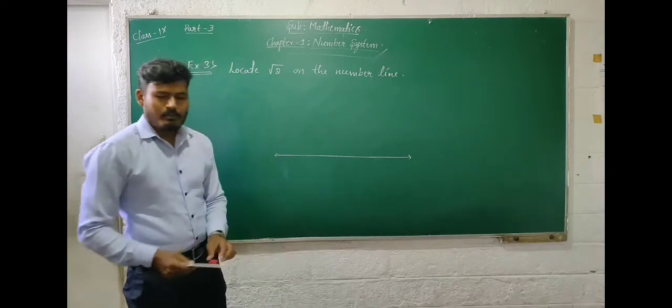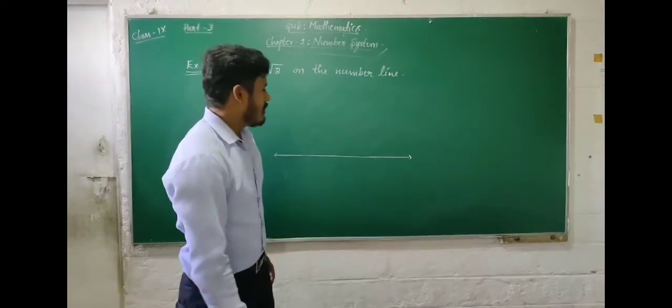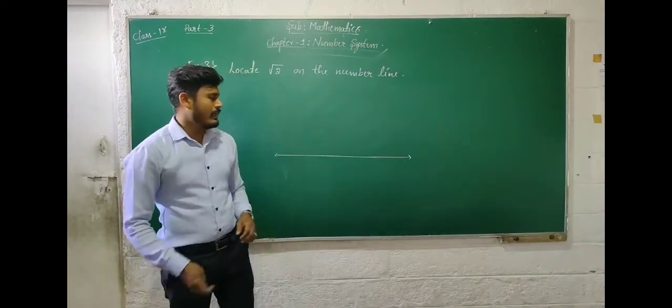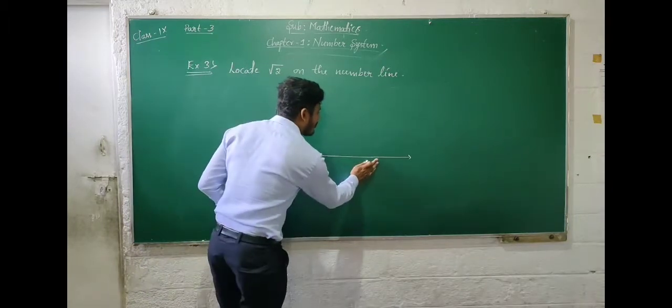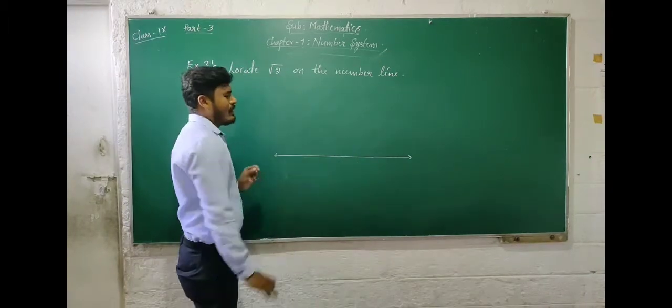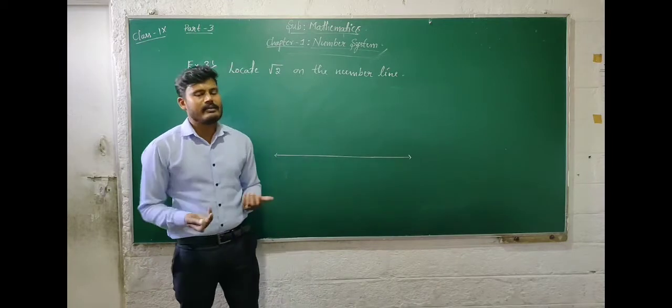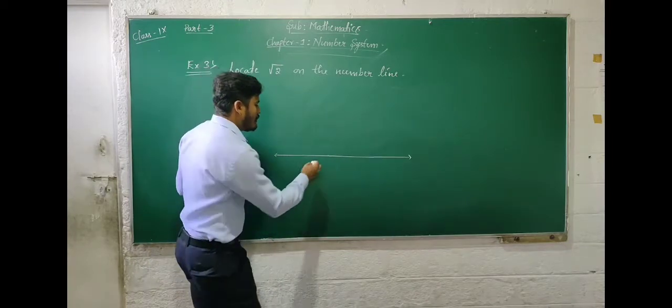Then mark two arrow marks at either side of the number line. Then mark the value 0 at any point on that line.